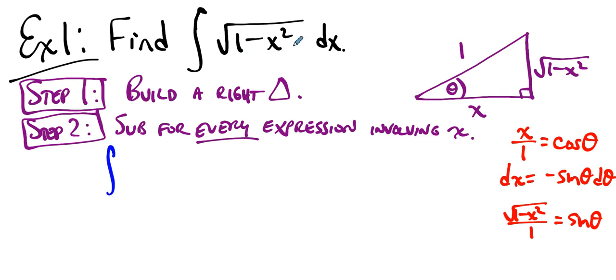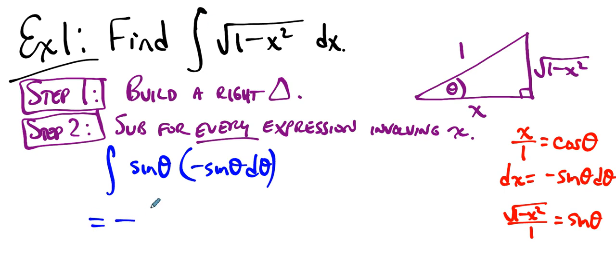The radical, that's sine theta. dx, that's negative sine theta d theta. That's everything there is. If there were limits on the integral, we would figure out what those limits are in terms of theta and substitute them in. This is negative integral sine squared theta d theta.